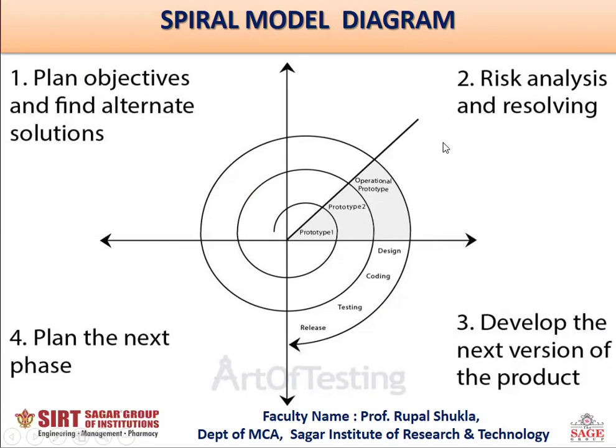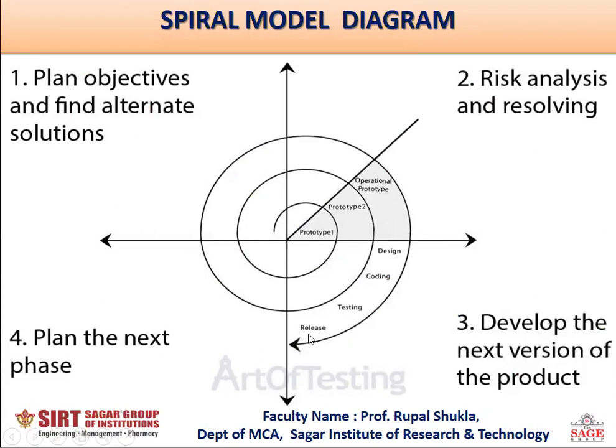Second quadrant is risk analysis and resolving. Third is development of the next version of the product. And fourth quadrant is the next phase model. Here we can see prototype 1, 2, then operational prototype, then design, coding, testing, and release.